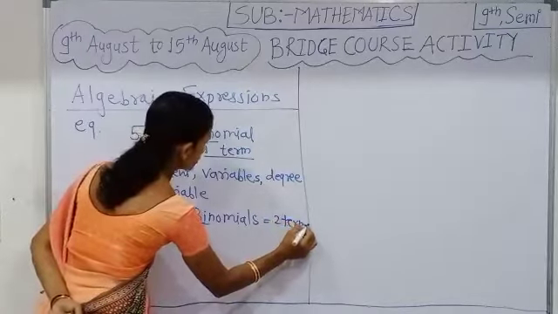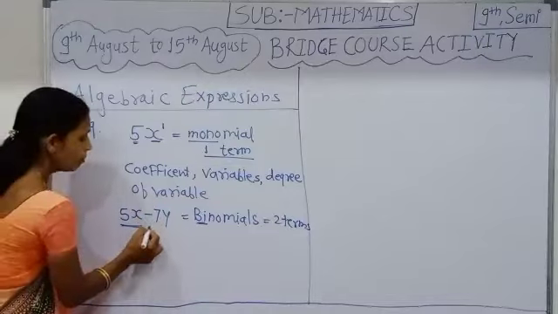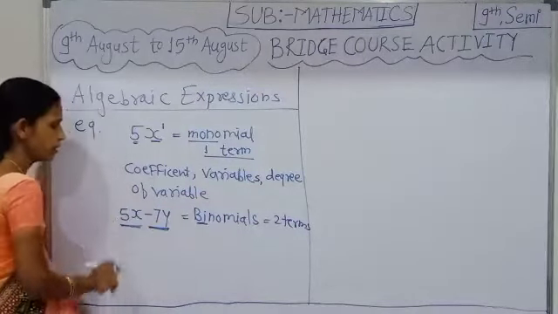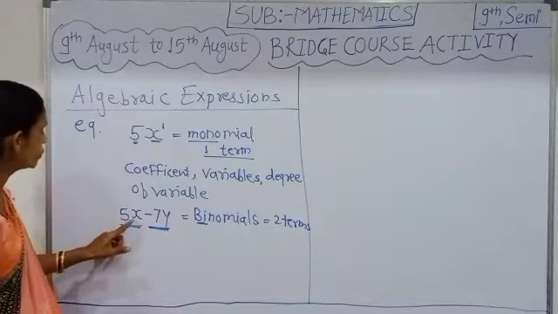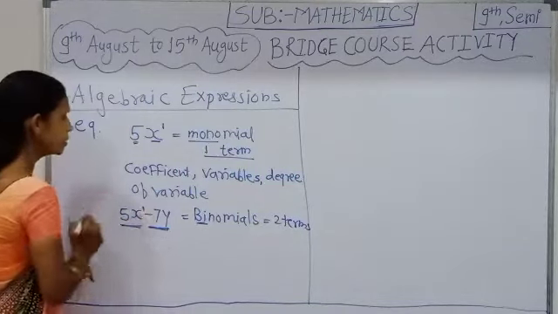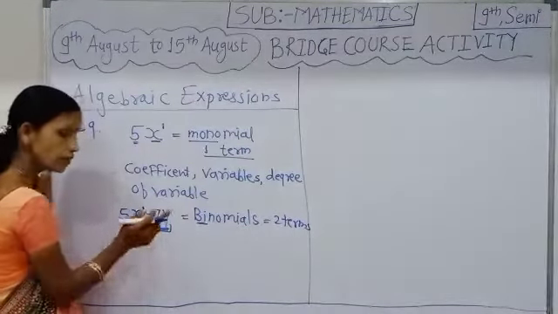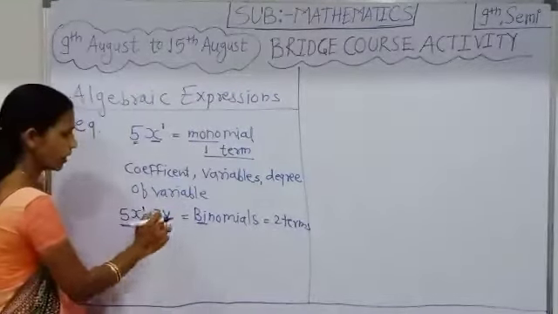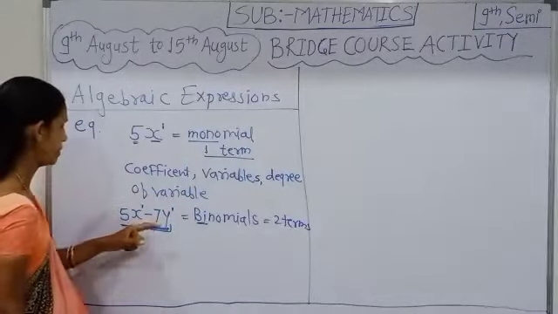There are two terms: 5x is one term while minus 7y is another term. In the first term, 5 is the coefficient, x is the variable, and 1 is the degree, as well as in the second term minus 7 is the coefficient, y is the variable, and 1 is the degree of that variable.